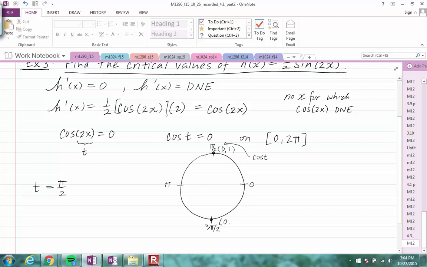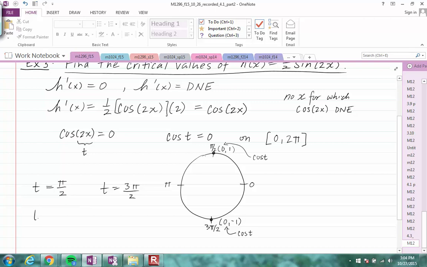And so we have the coordinates 0, negative 1 here. The x-coordinate is, again, the cosine. So on the period of 0 to 2 pi, we have solutions of pi over 2 and 3 pi over 2.